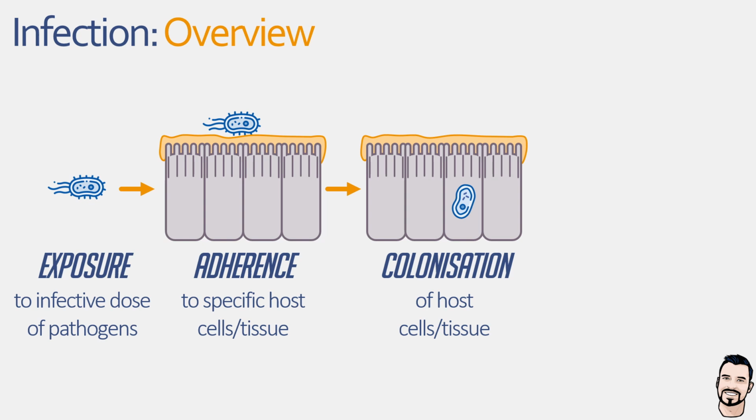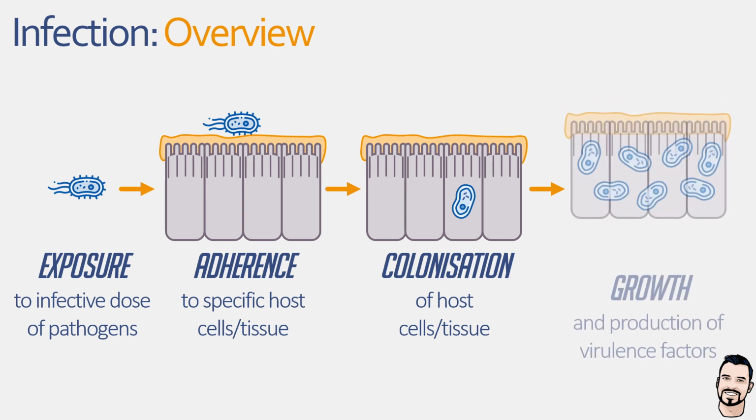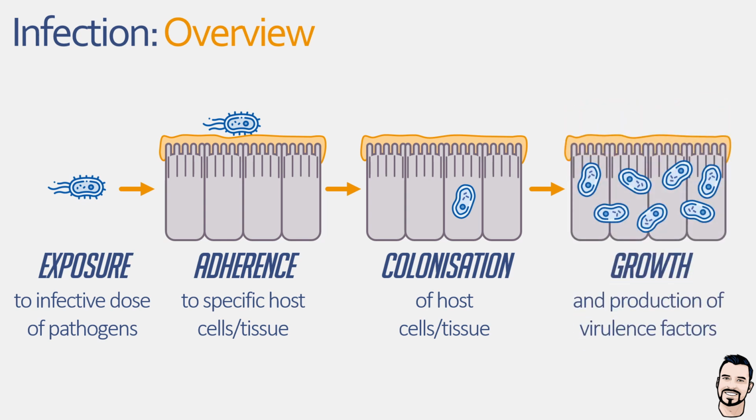This step is critical as it allows the pathogen to persist despite ongoing host countermeasures. With colonization established, the pathogen can then begin to grow and replicate, increasing its numbers within the host, and at this point, the infection is fully set up. Virulence factors are activated and disease can begin. But that is for another video.